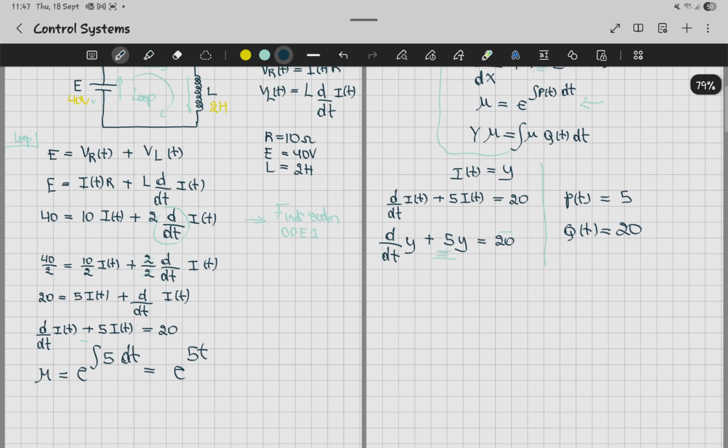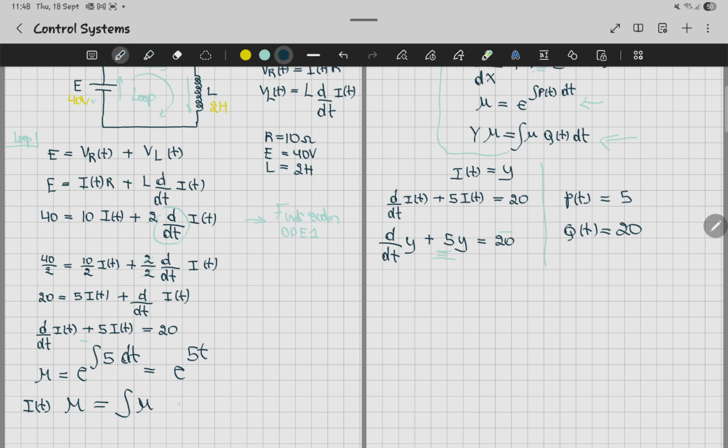Now let's go for this other formula that you see here. We're going to write it in that way. We know that y equals 1 over m of t, times what we just got, equal to the integral of what we just got.